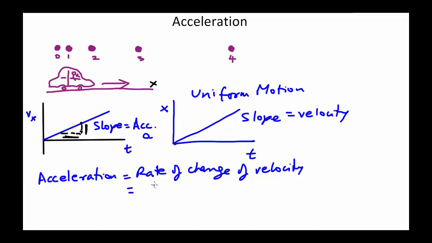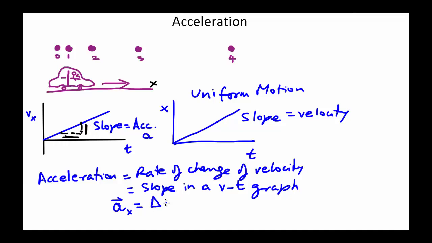Let me just repeat it here for the sake of completion, that acceleration is the slope in a velocity time graph. And so acceleration, let's call it ax for acceleration in the x direction, which is what we have in this case, is simply the slope, which is the rise, or the change in velocity from this value to this value.